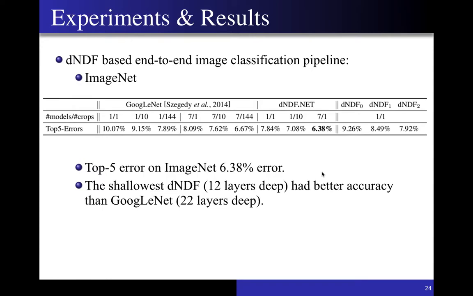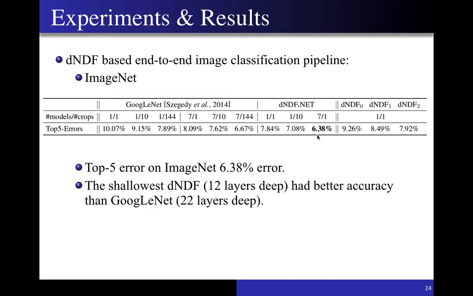The results of the deep neural decision forest are also much better when compared to regular deep neural nets. A comparison is done between the deep neural decision forest approach and Google LeNet. Here the top 5 error on ImageNet for the deep neural decision forest is as low as 6.38%.